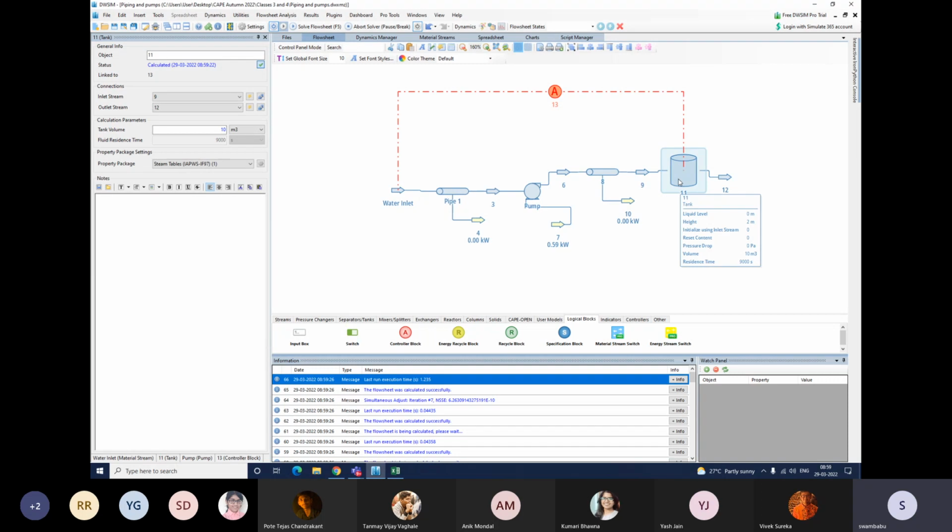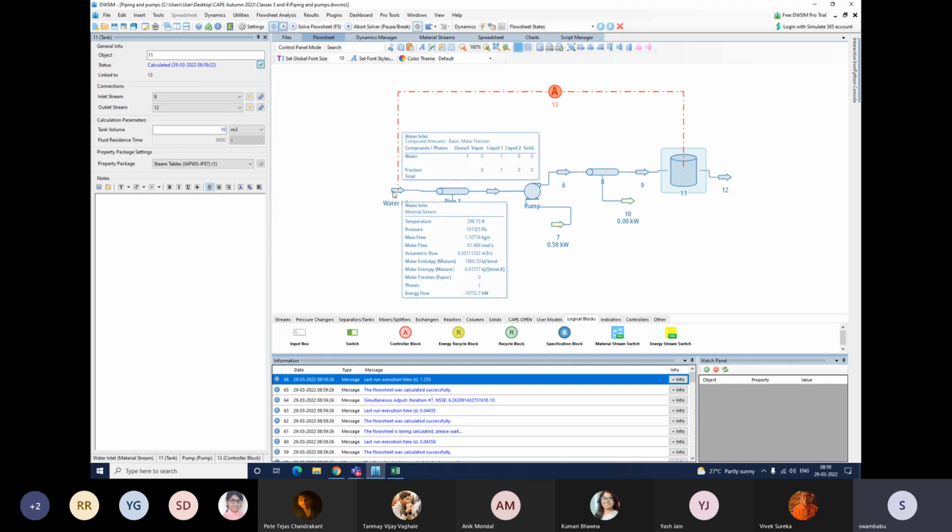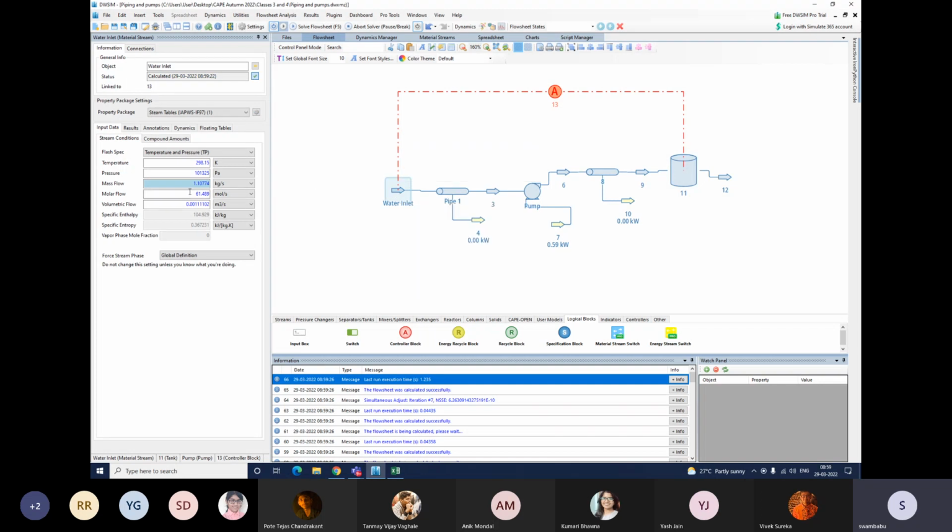Yeah, so I have reduced the residence time from 9,969 seconds to 9,000 seconds, and the water inlet is changed from 1 kg per second.